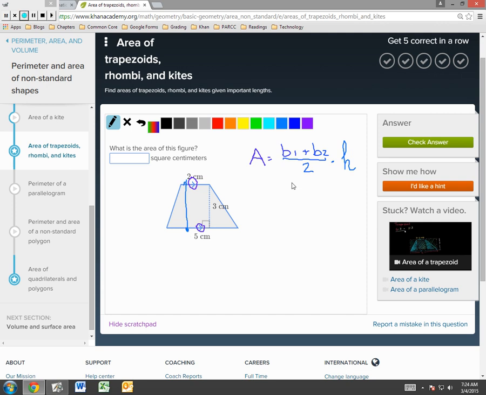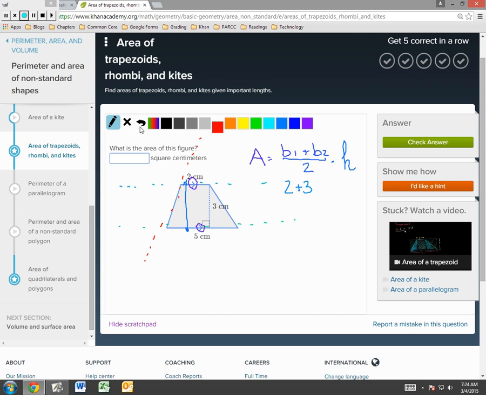The bases are the sides that are parallel to each other. This side will continue on forever in both directions, and this side will too. They will never intersect. Looking at these, if I were to connect them, they would eventually intersect. Those would not be the bases.